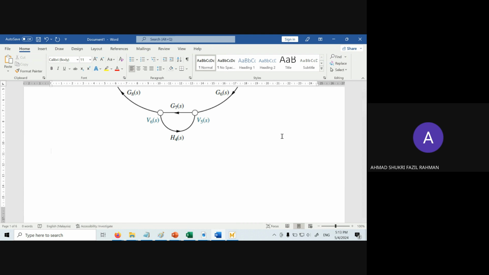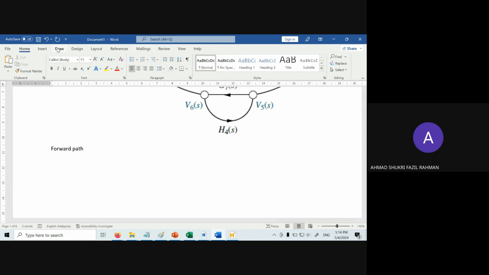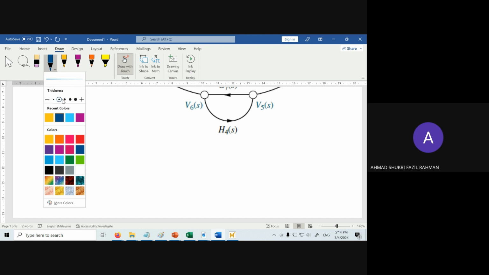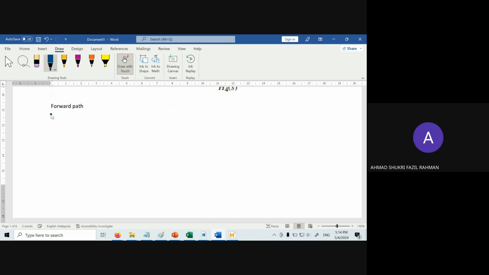First, you identify the forward path. We start with T1.